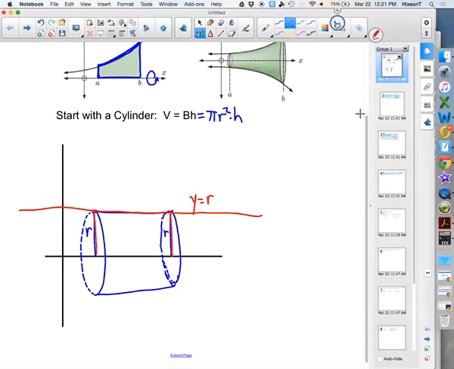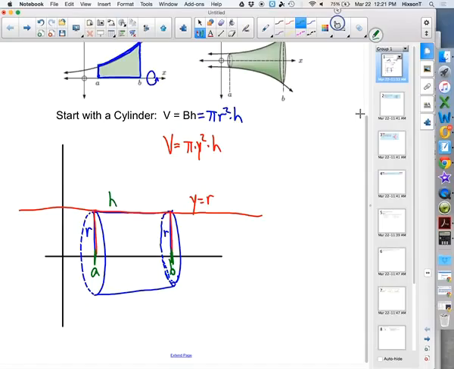So if I were expressing the volume here, I could change this to pi times y squared times the height. Now, we want the height to go from some point here to some point here. I'm going to call this a, and I'm going to call this b.